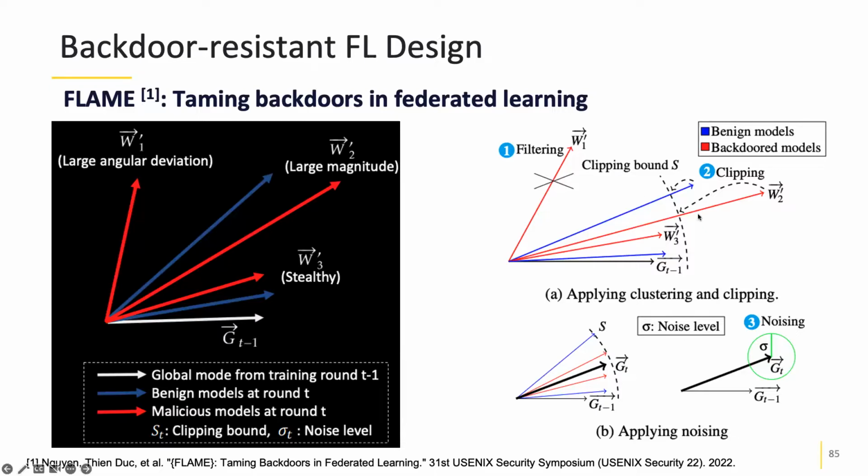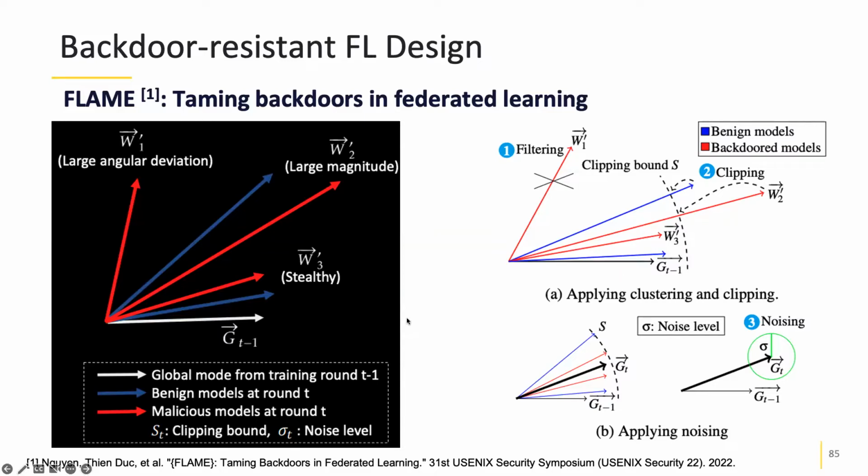Okay. So I'll finish this part quickly, and then the second defense is clipping. So to mitigate the impact of large magnitude updates, Flame performs clipping, which downscales the weight updates of the second backdoor model here. As shown, W2 is shortened so that its impact is reduced.